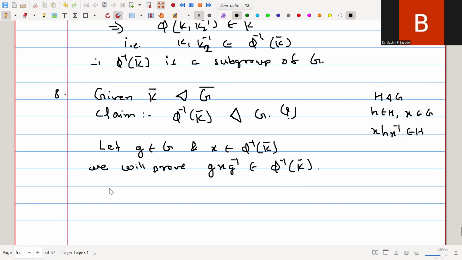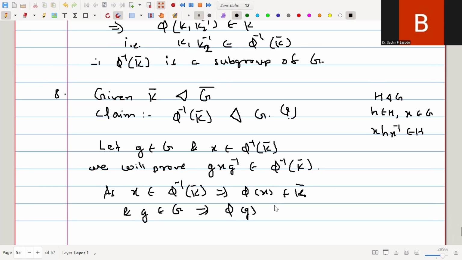Now, as x belongs to phi inverse of K bar, this implies phi of x belongs to K bar, right? And g belongs to G implies phi of g belongs to G bar.